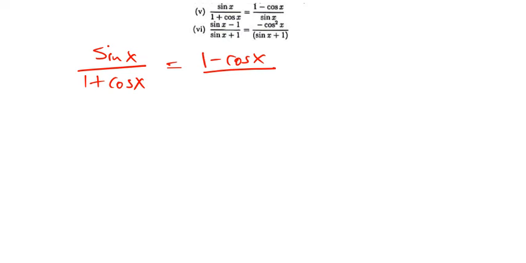Well, there we have sine of x over 1 plus cosine of x. This should be equal to 1 minus cosine of x over sine of x. Well, which part do you think looks more complicated? Which one will easily look like it can have the next step to make?